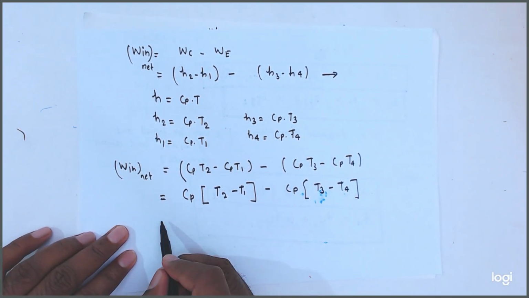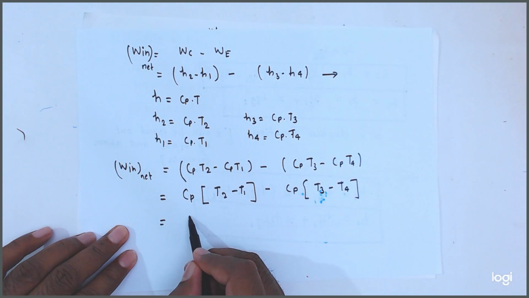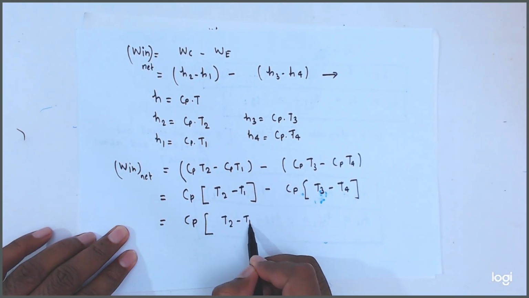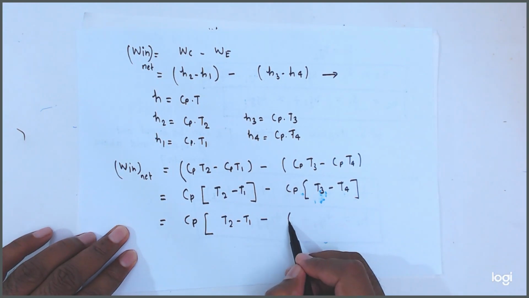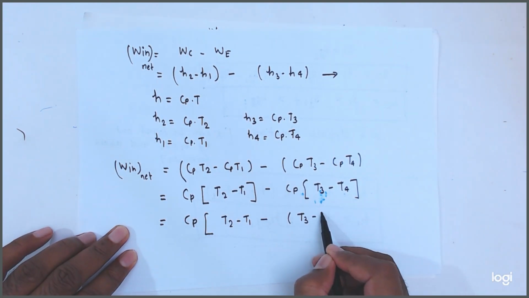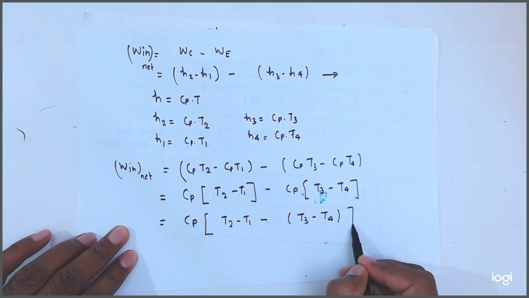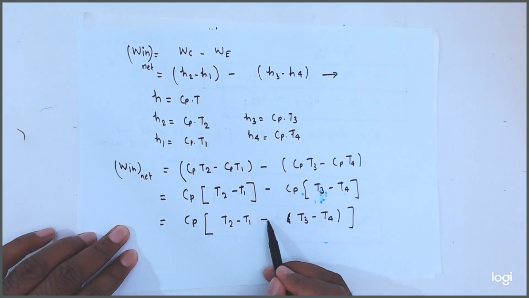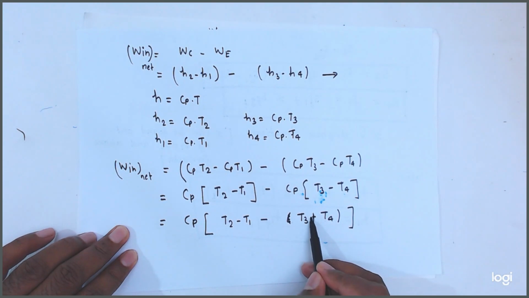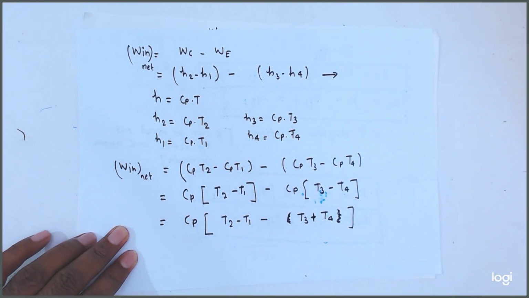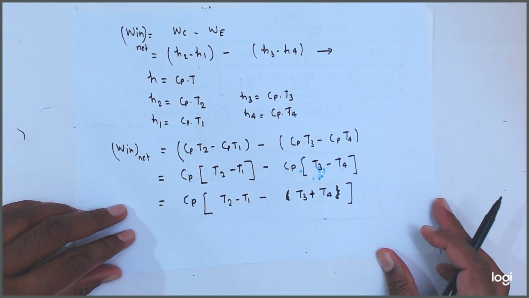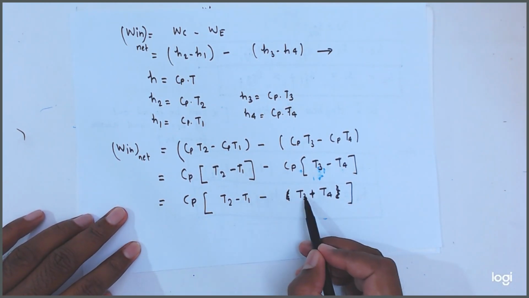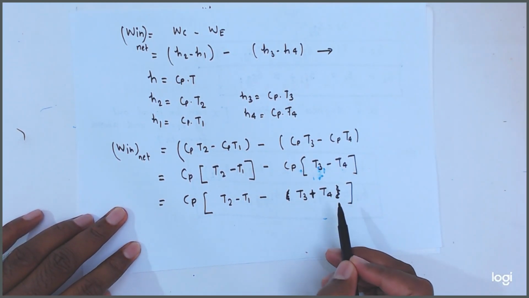Now we take Cp common: Cp in bracket T2 minus T1 minus in bracket T3 minus T4. If you remove the bracket, the minus sign makes it plus. So T2 minus T1 minus T3 plus T4.